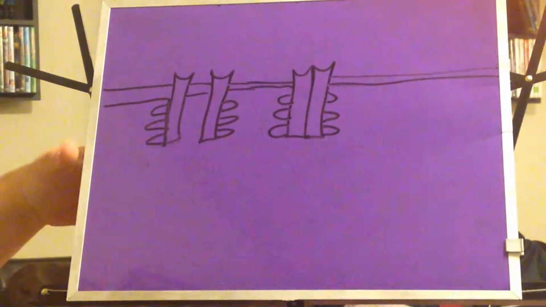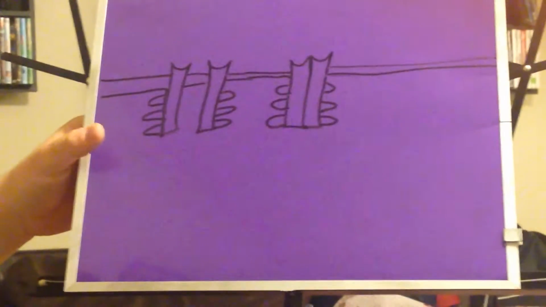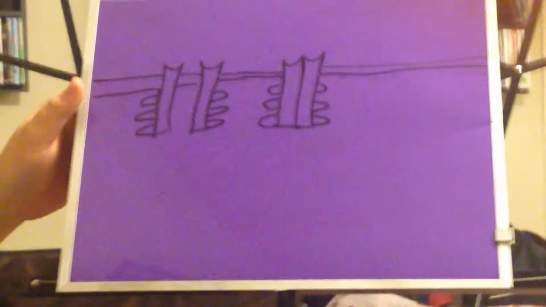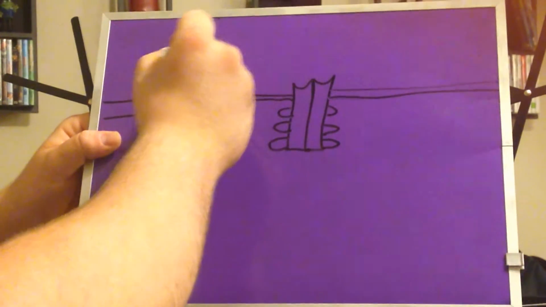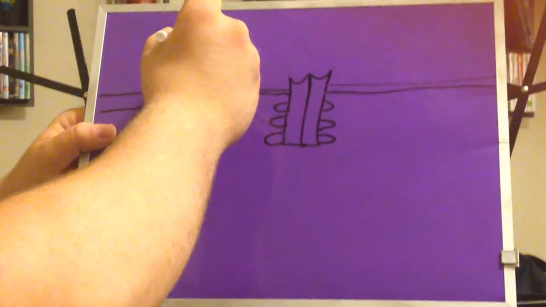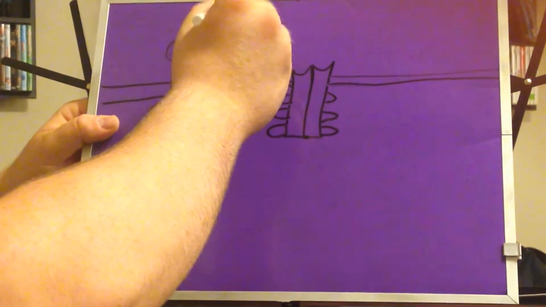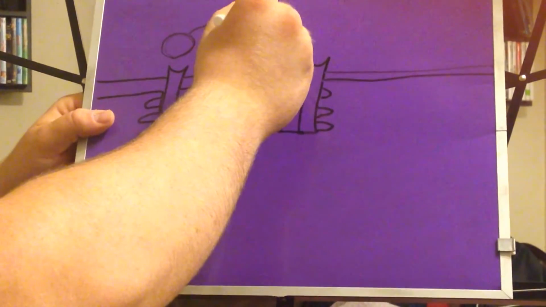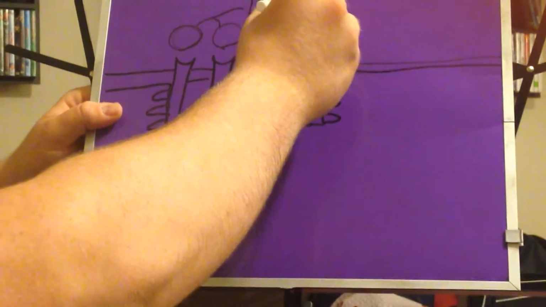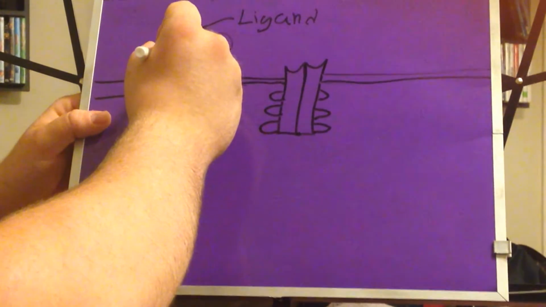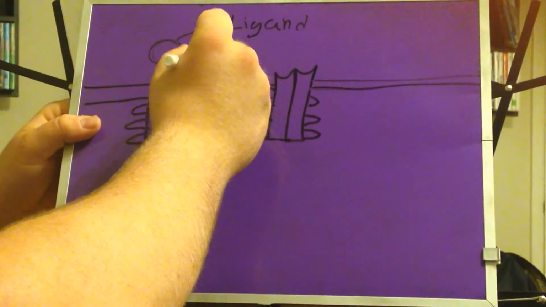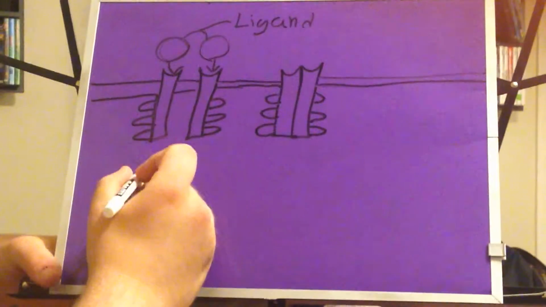Alright, now we're going to learn about the kinase pathway. And it's sort of like the G protein pathway. Same thing. You've got these ligands that will attach themselves to these receptors.